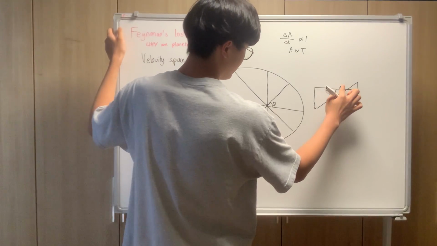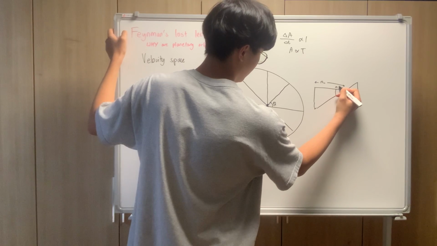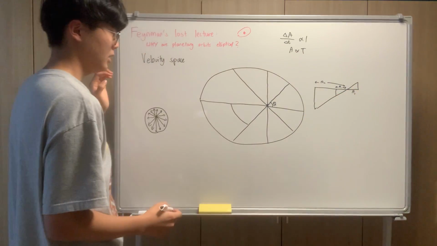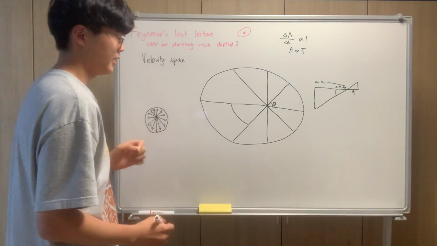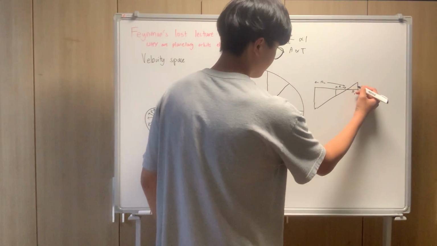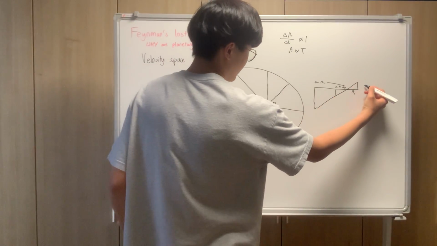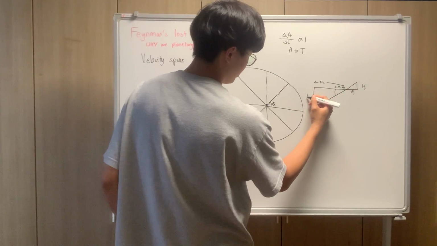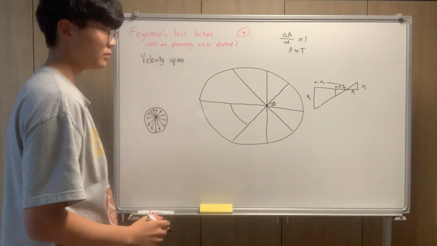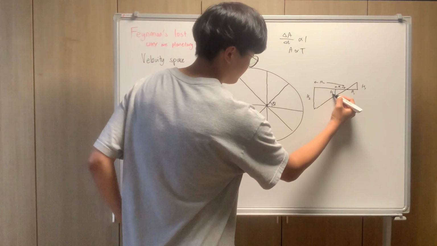I'd say that's R1 and that's R2, and that here is going to be R1. We get that this height over here, well, we say that the area over here, well, we know that if I say that's going to be H1 and that's H2, that's going to be H1 too.